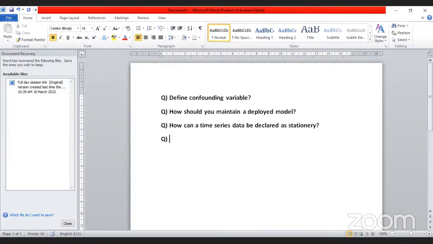Difference between normalization and standardization. Try to answer this question.